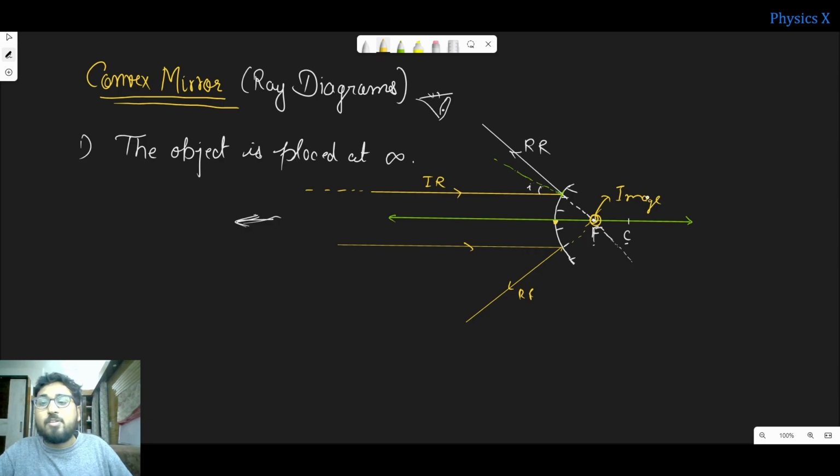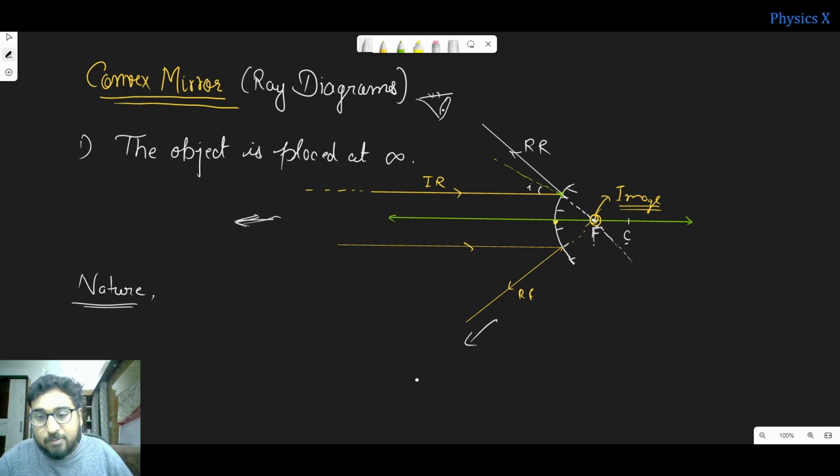As I told you, this is similar to the case of a concave mirror when the object was placed at infinity, where the image size was highly diminished. So if I talk about the nature, this is a point-sized image. Here is where the two reflected rays appear to be meeting. We can see that the reflected rays are not actually meeting.